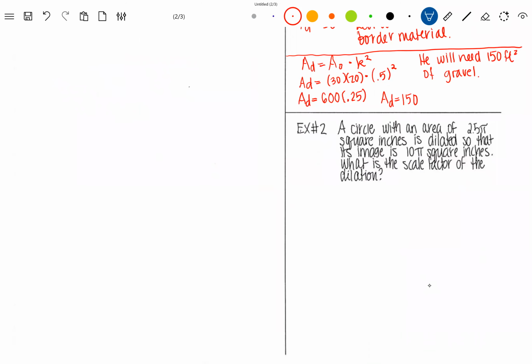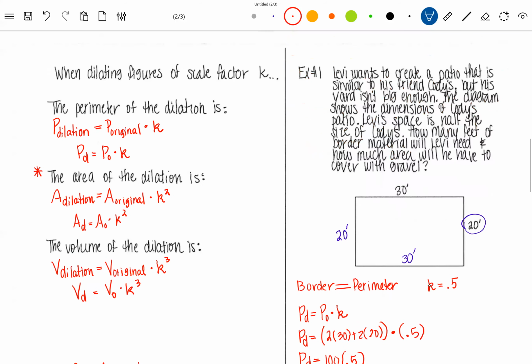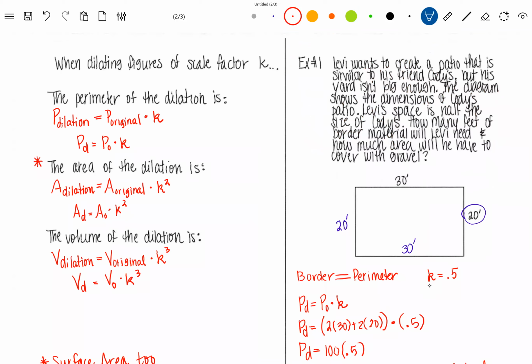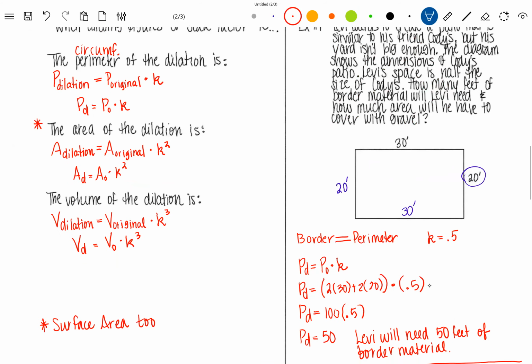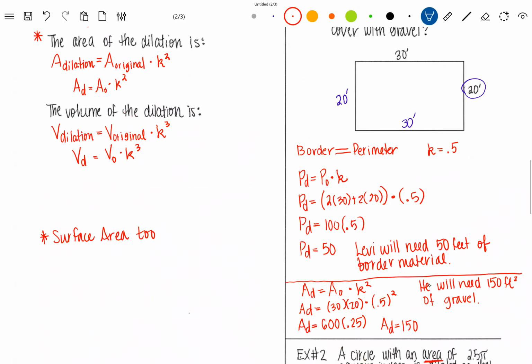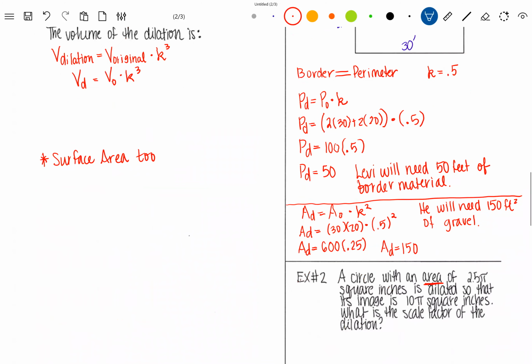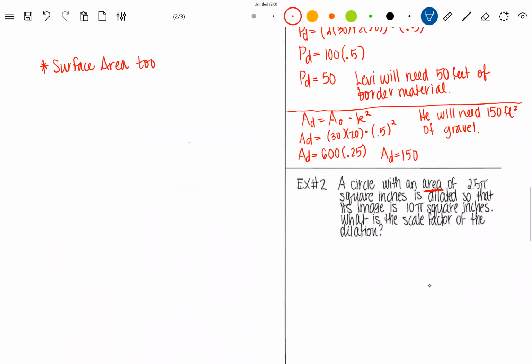Okay, number 2 says a circle with an area of 25 pi square inches is dilated so that its image is 10 pi square inches. What is the scale factor of the dilation? Okay, so we're looking at area, and all three of these things over here, perimeter, area, volume, also works for circumference for perimeter, because remember, perimeter and circumference are related, and then the area of a circle, the volume of any circular 3D figure like a cone or a cylinder or a sphere.